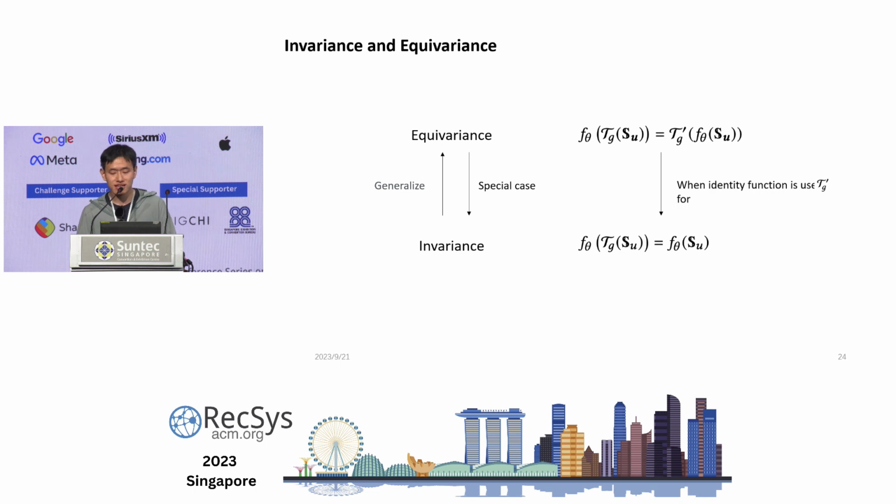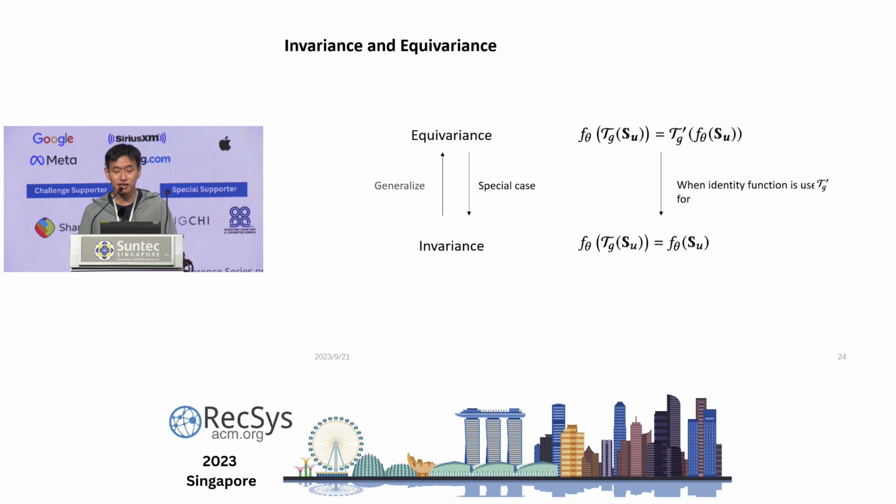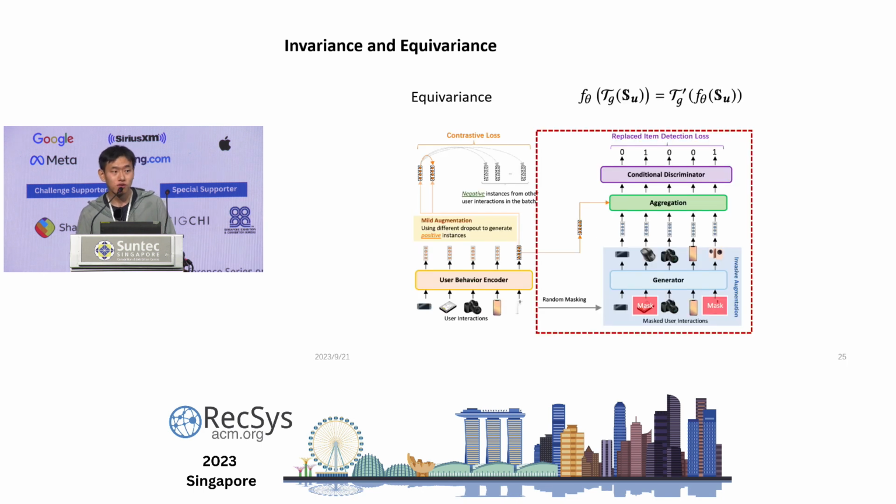It's worth noting that invariance learning is essentially a special case of equivariant contrastive learning when the identity function is used for T_G'. I hope this can answer your question. Thank you. That's great, thank you.